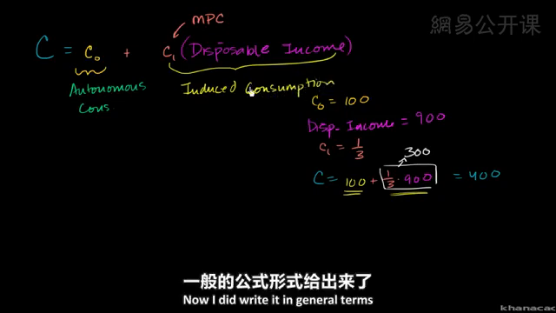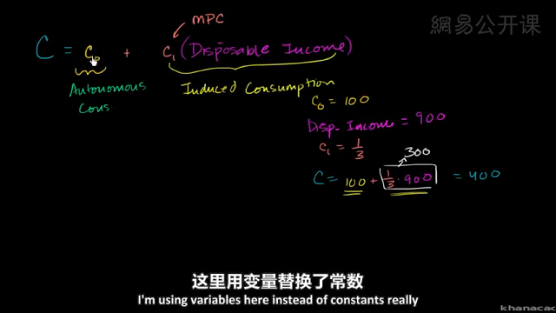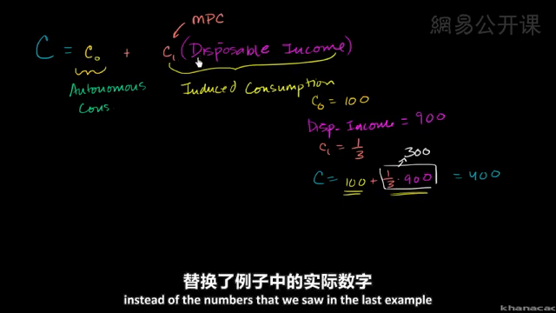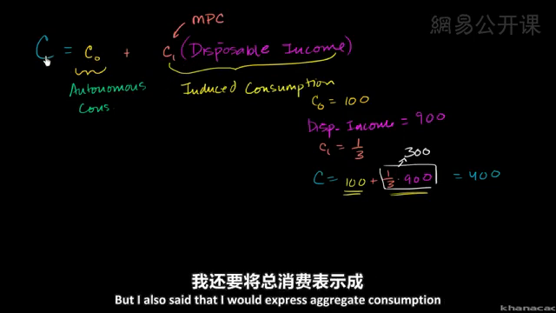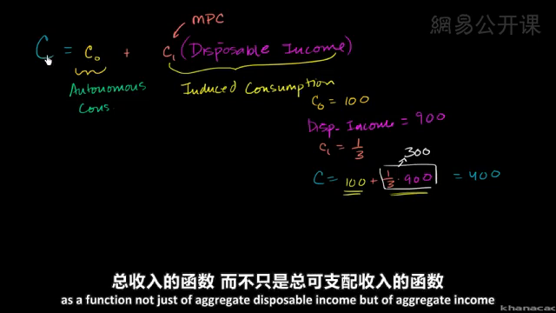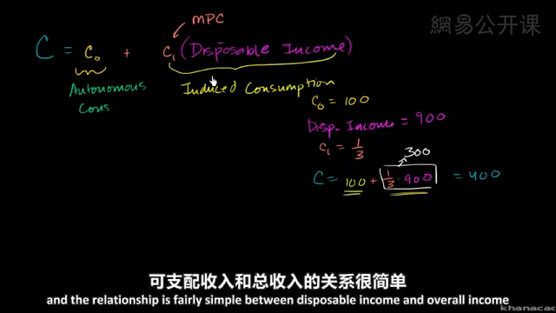Now, I did write it in general terms. I'm using variables here, or constants really, instead of using the numbers that we saw in the last example. But I also said that I would express aggregate consumption as a function not just of disposable income, but of aggregate income. And the relationship is fairly simple between disposable income and overall income.